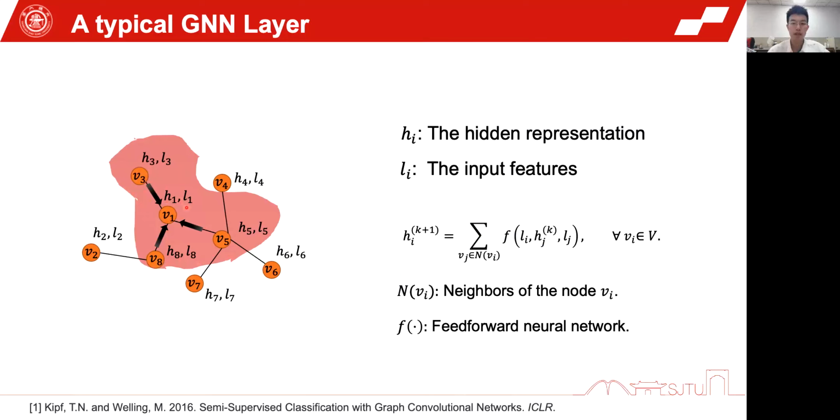And like the traditional neural network, we stack GNN layers layer by layer, which can expand the receptive field of the model, and eventually acquire enough information from the one hop neighbors and the two hop neighbors, or the entire graph.